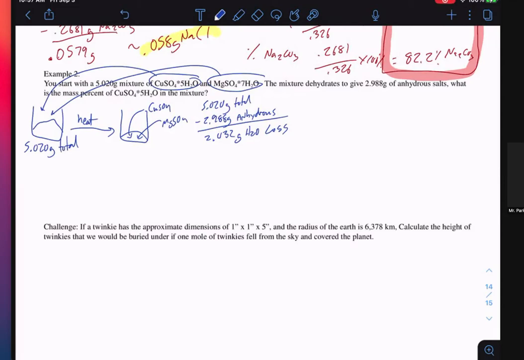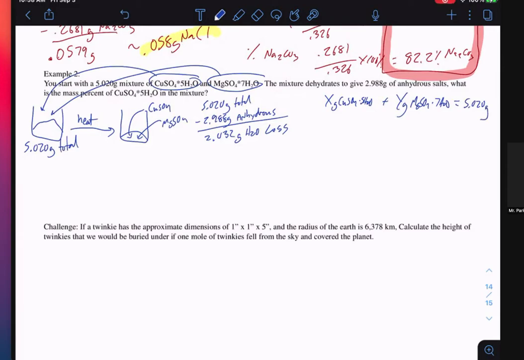Now, the first and most obvious equation to write in the system for all of these mixture problems is simply the mass of component A plus the mass of component B equals mass total. In this case, X grams CuSO4·5H2O plus Y grams of MgSO4·7H2O equals what the total mass is, which is 5.02 grams.